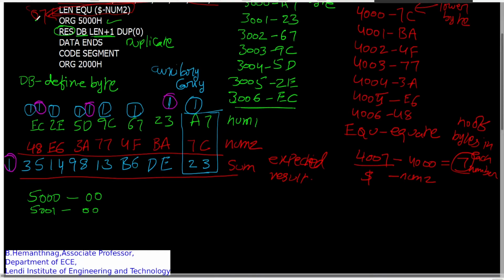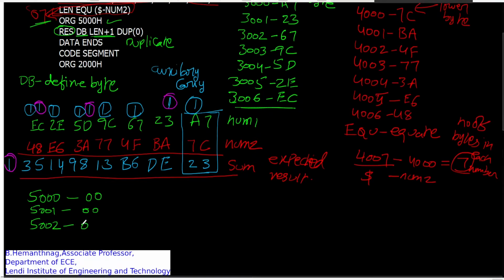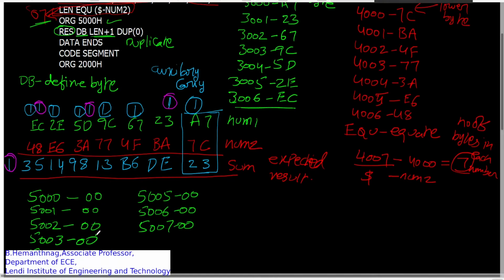So len is, as we came to know, 7. So this will be 8. So 5000 first, 5001 second, 5002 takes the 0, 5003 0, 5004 0, 5005 0 again, 5006 0, 5007 0. So these are a total of 8 locations, 8 successive bytes whose value is set as 0. Why do we take 8? The length is 7.